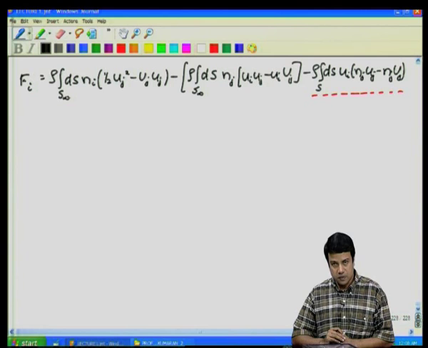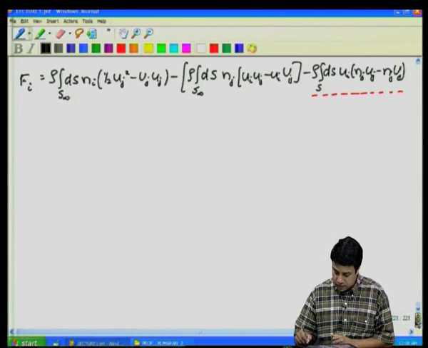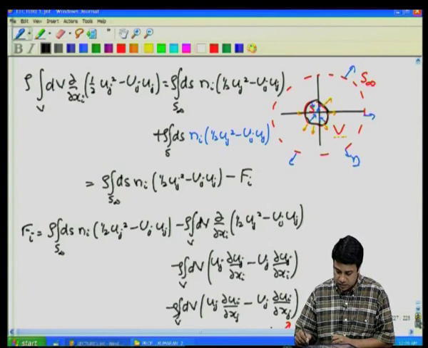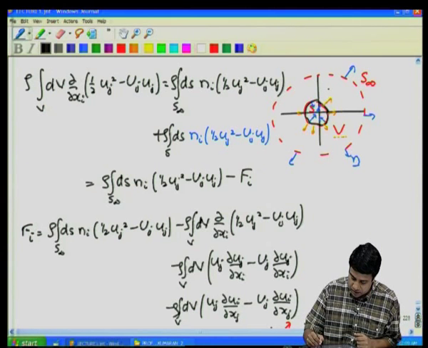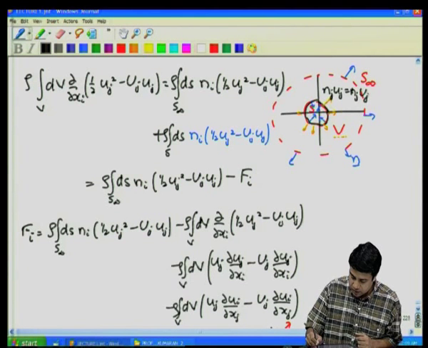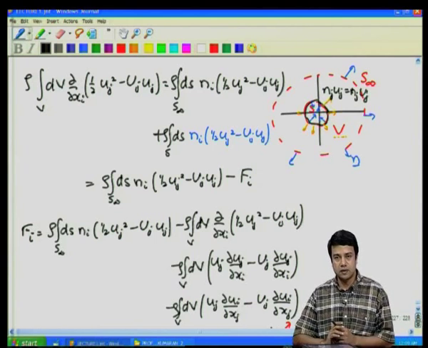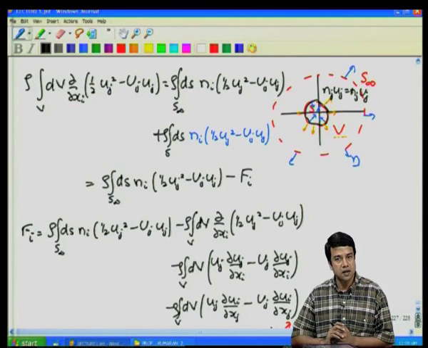On the surface of the object itself, I have the no normal velocity boundary condition, that is that u dot n is equal to capital U dot n. That is, the fluid velocity normal to the surface is equal to the velocity of the object in that direction. We are not enforcing the tangential velocity boundary condition, so there can be a slip in the tangential direction.